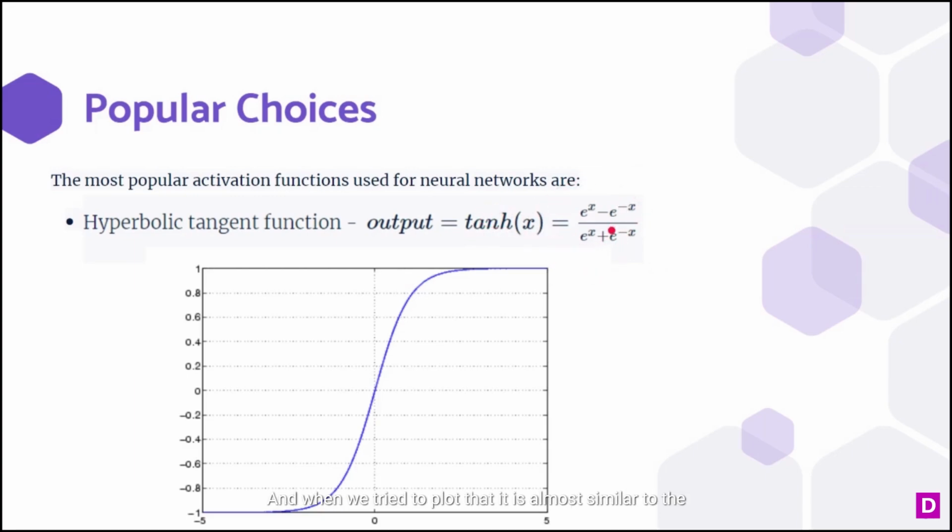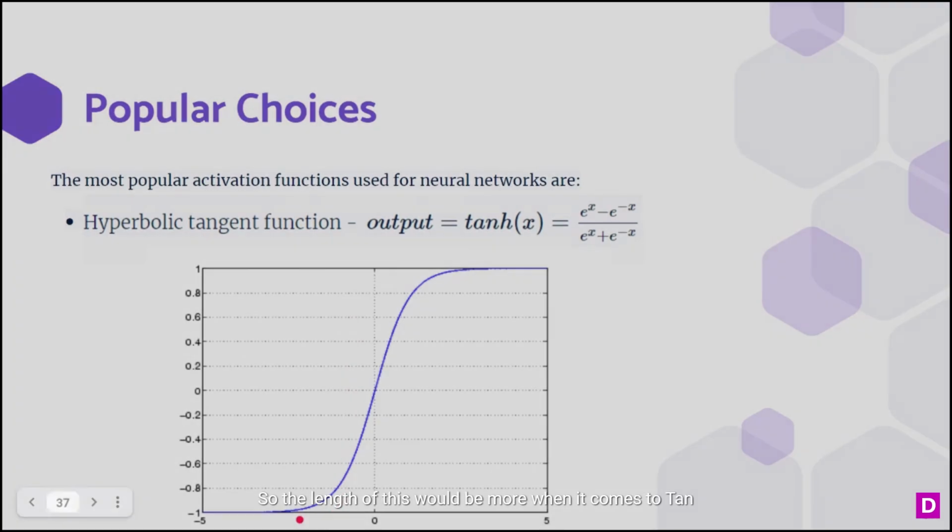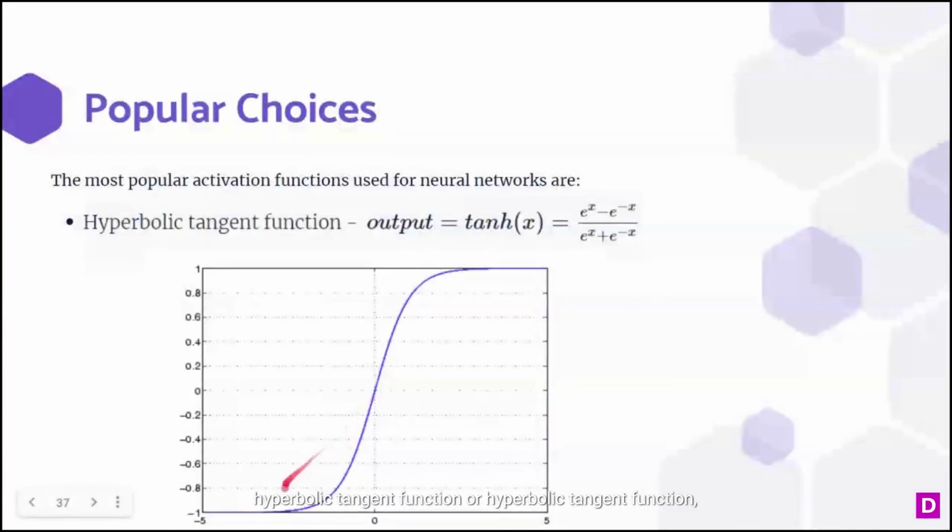When we plot that, it is almost similar to the sigmoid curve, but with a higher altitude, right? So the range would be larger for the hyperbolic tangent function.